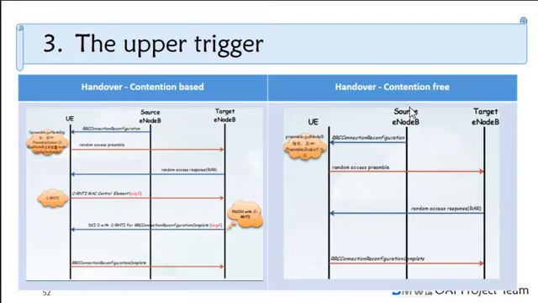In the contention free part, you won't send a C-RNTI because it's contention free, so it gives a preamble first, so they won't have the collision part.